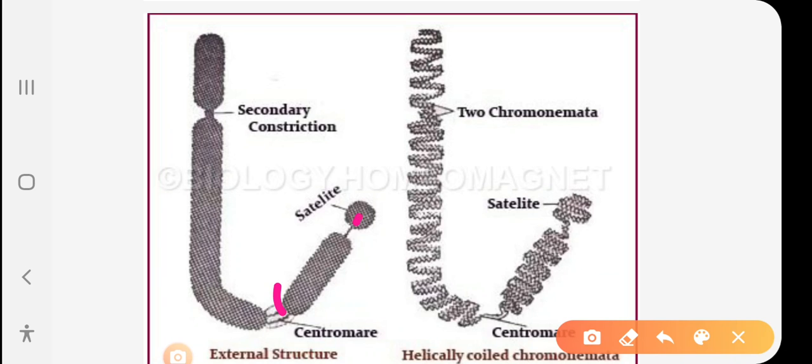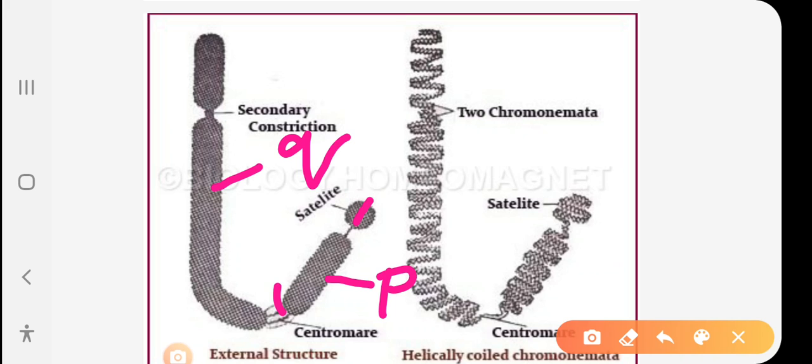Just as we see here, this is the satellite. Okay, and based on the centromere, the chromosome has two arms. The short arm is known as the P arm, right? This is the P arm. The long arm of the chromosome is known as the Q arm, right?